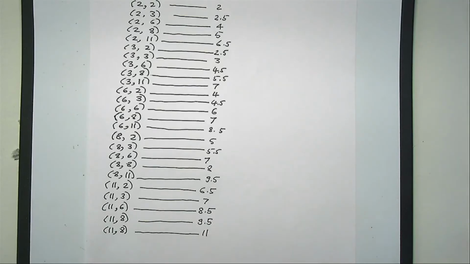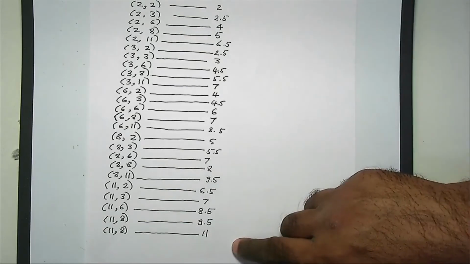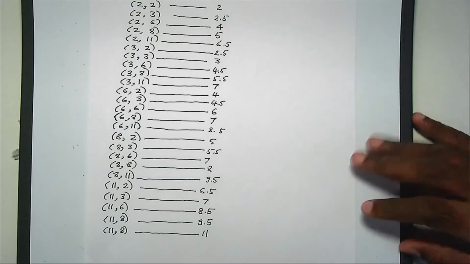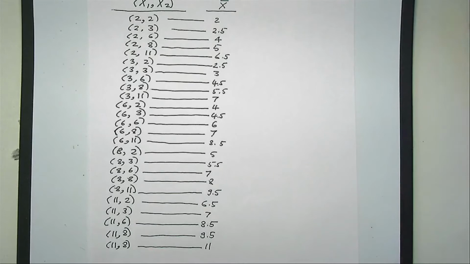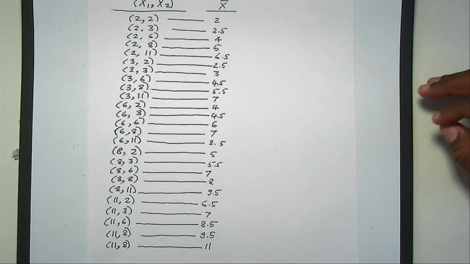Right. So these are the possible values for X bar that you can get. So now from this table, you should be able to construct a probability distribution for X bar. And I'll show you how to do that in a sec.